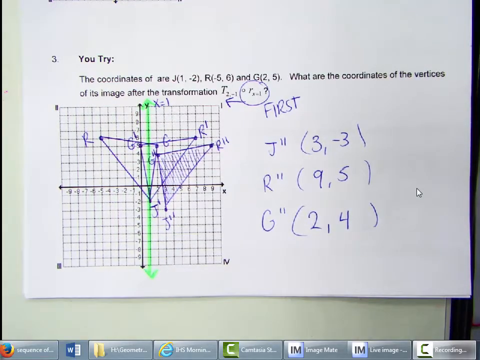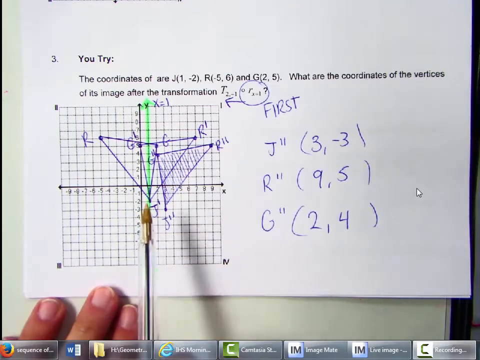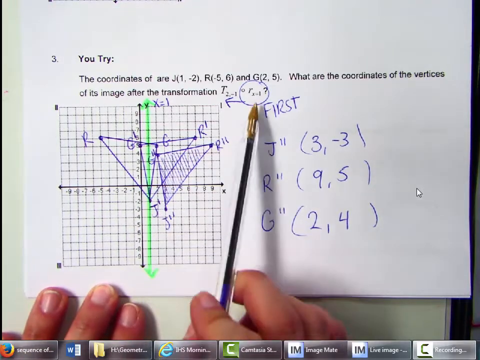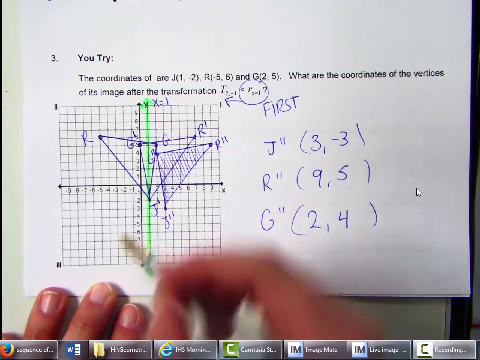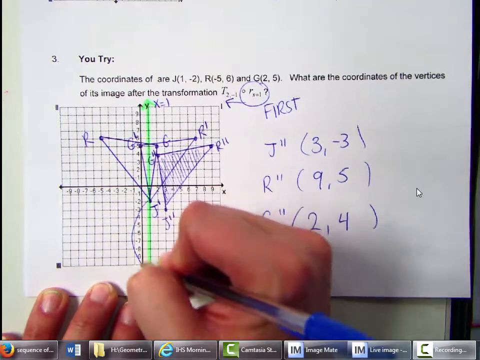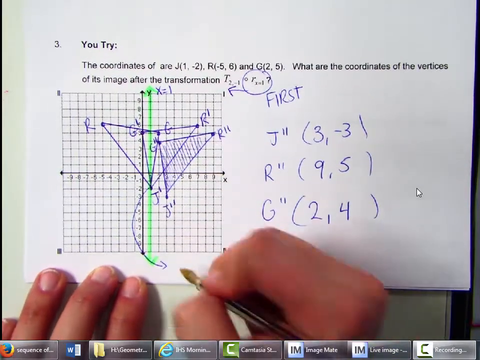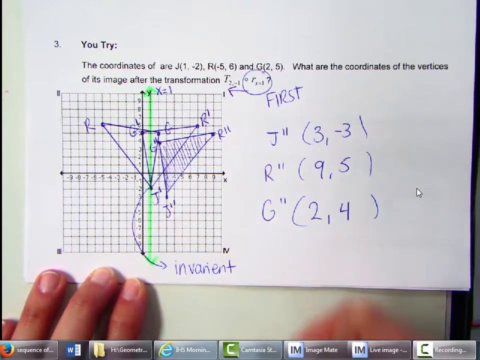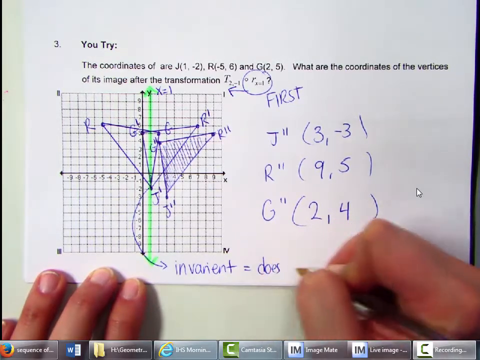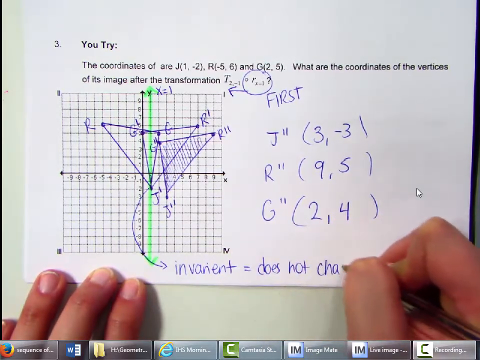Extra notes on this problem: you should have noticed that J, when you did the reflection, was on the line of reflection, so it doesn't move. So J and J prime are in the same location. We called that something earlier. We called that invariant. It does not change.